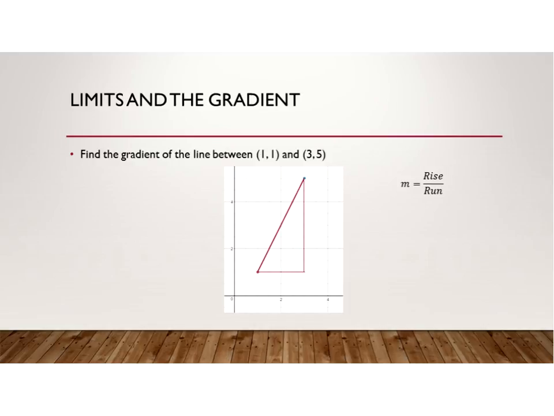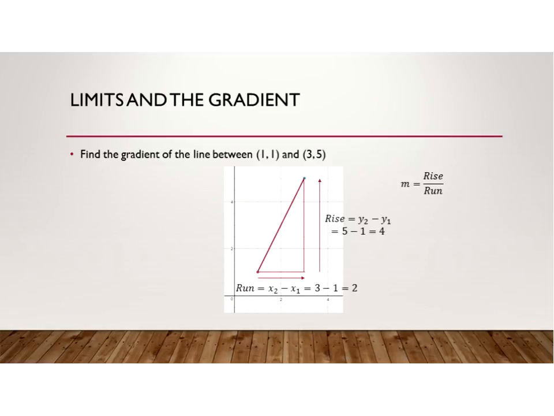The rise is always in the up and down direction, so it's the y coordinates. The rise goes from y equals 1 to y equals 5, which is a rise of 4.